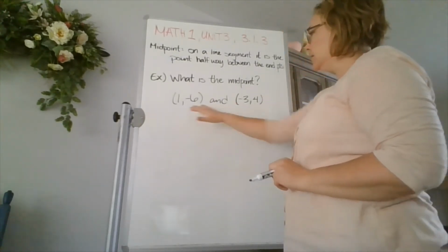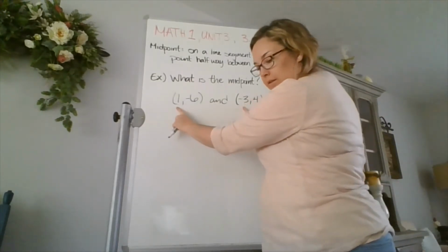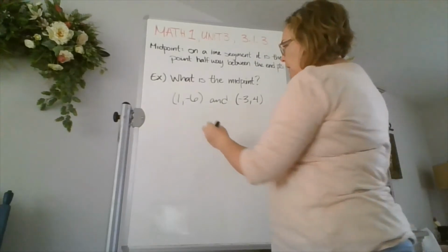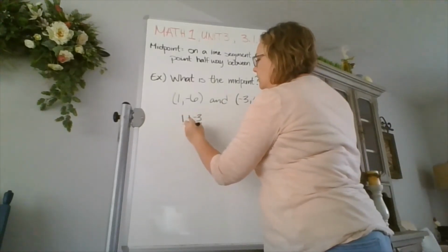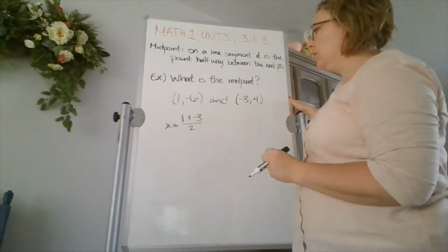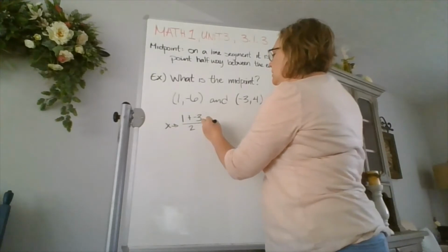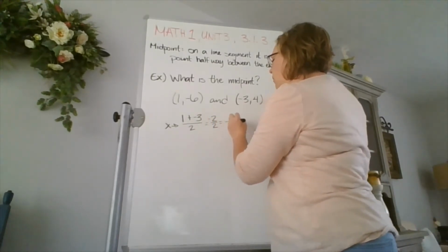So we are going to take our x values and add them together. So I get 1 plus -3 divided by 2. This will give us our average to find that middle ground. 1 plus -3 is -2, divided by 2 is -1.